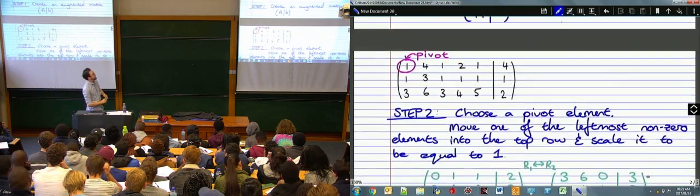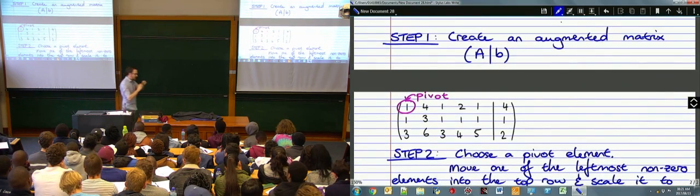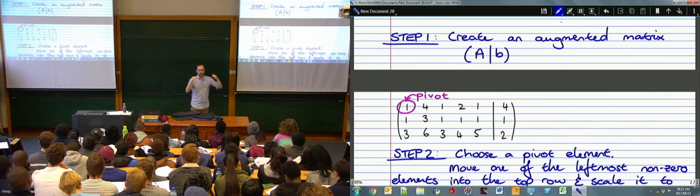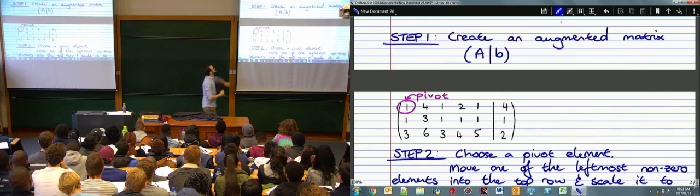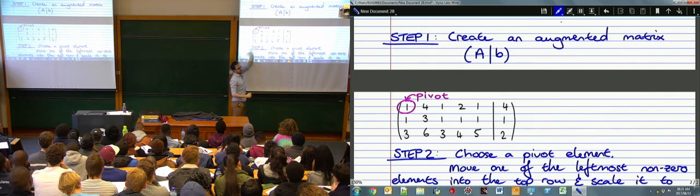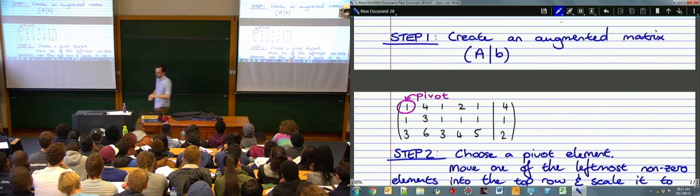So we have this pivot, and step 3 is to subtract multiples of the pivot row from all the rows beneath it to make the entries underneath the pivot equal to 0.